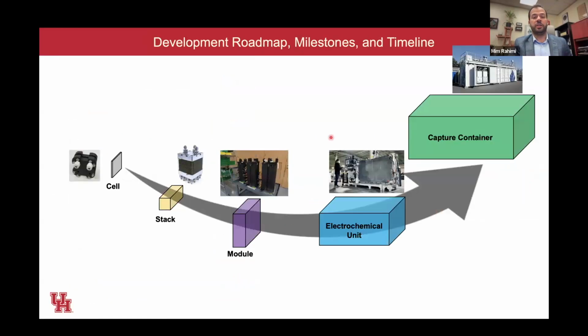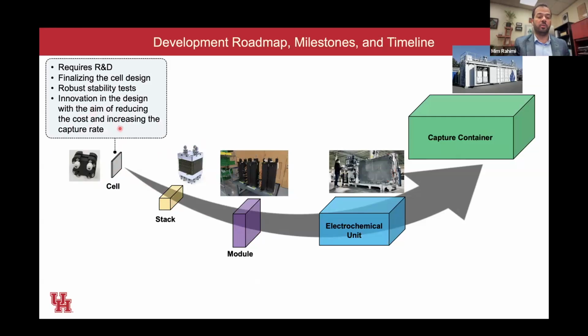And in terms of where we are and where we're heading, this is probably a very general roadmap of pretty much every electrochemical system here, specifically fine-tuned towards carbon capture. We go from the building block, which is the cell, to stack, module, unit, and at the end, container, which we defined here.